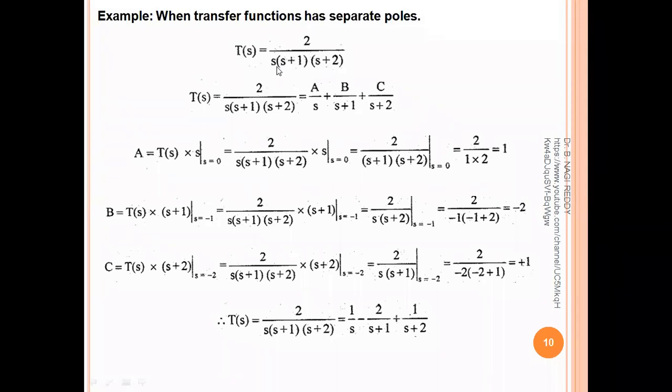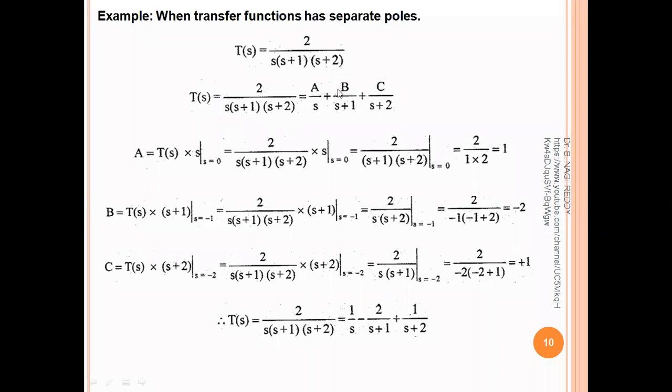In order to determine those poles, we have to use partial fractions to simplify this transfer function. For 3 poles, we need 3 constants, A, B and C. So this transfer function can be written in partial fractions as A by S, which is the first term, B by S plus 1, the second term, and C by S plus 2, the third term.